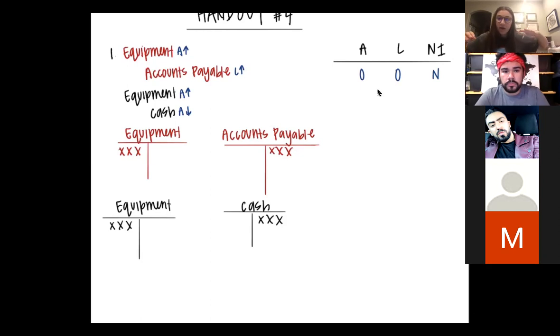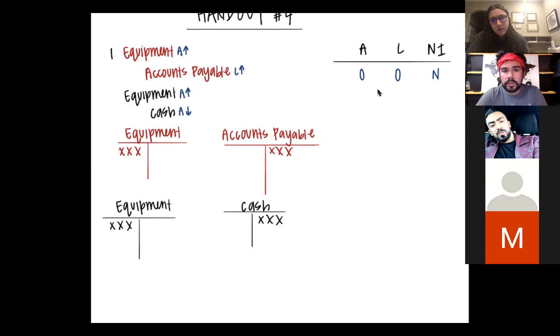If you got equipment and you were supposed to pay cash for it, your journal entry never paid out the cash, so you never lowered your assets, which means your assets are overstated. And your liability was increased when it never should have been, so your liability was overstated too. Does that make sense? Yeah, thank you.